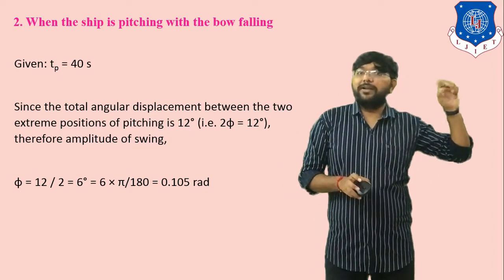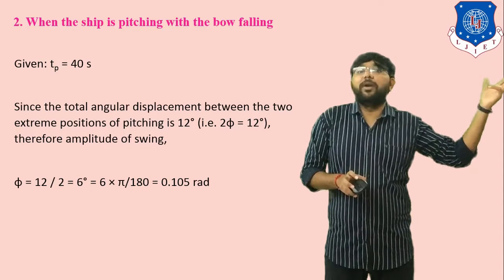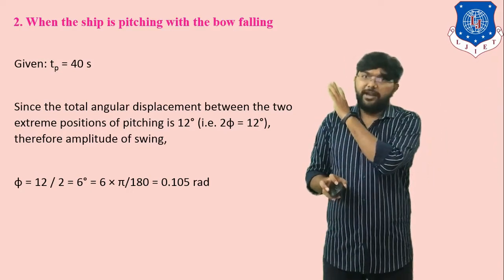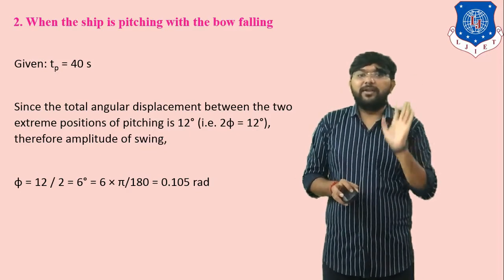If you want to convert a value from degrees to radians, you have to multiply it by pi by 180.